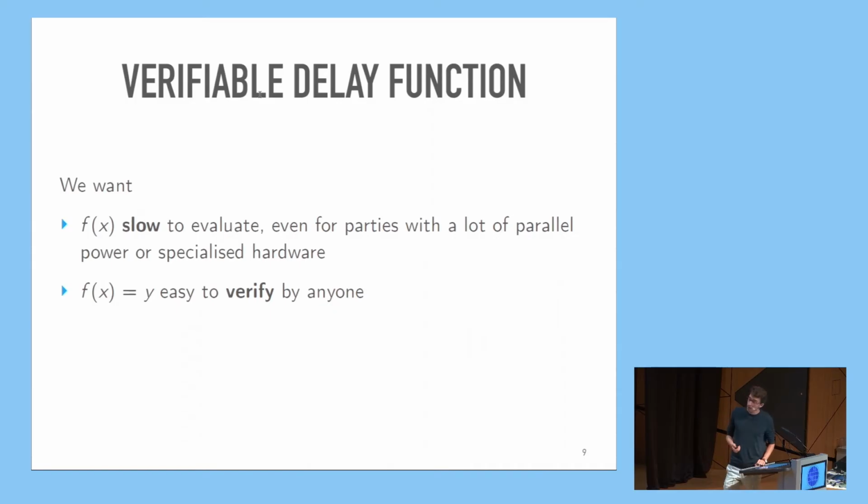And this sloth hash function had the slowness property, and it was easier to verify than to evaluate, but only by a constant factor. So if it was taking 10 minutes to evaluate, it would take maybe 1,000 times less time to verify, but you could not do much better than that. But instead, we can use a verifiable delay function.